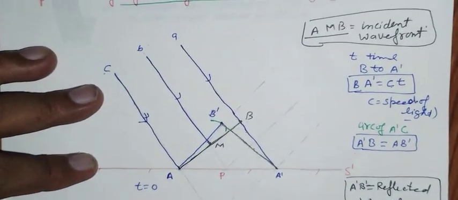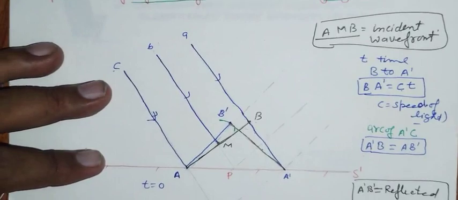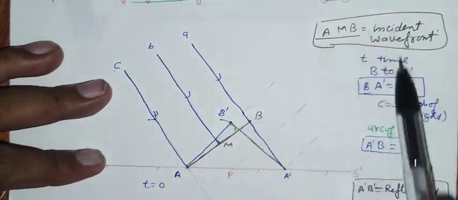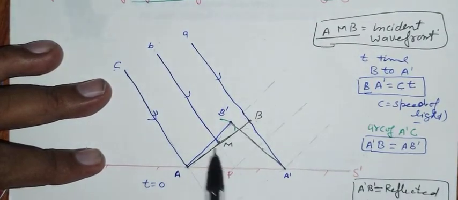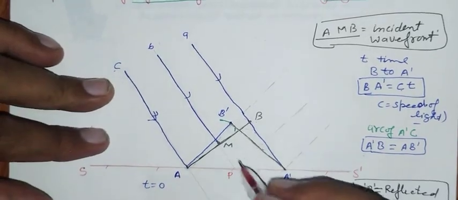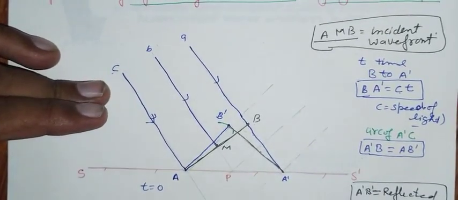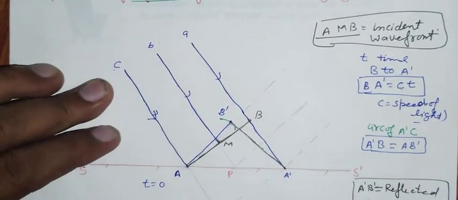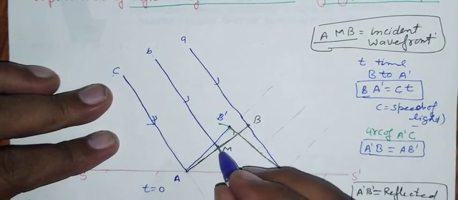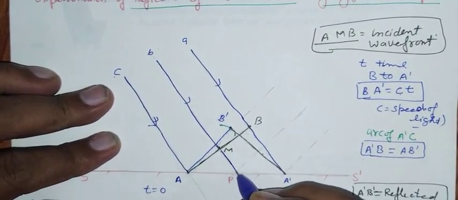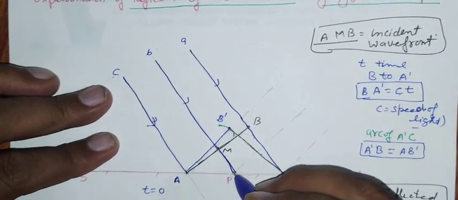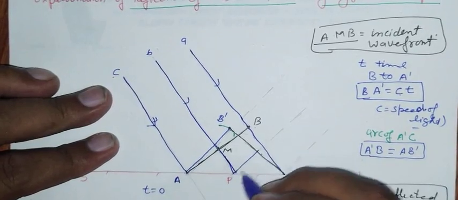It is very necessary to understand the concept of the incident wavefront A M B and A dash B. Now in that condition, the ray B in t time will reach up to the point P, and when reflection takes place, it will reach here after reflection.